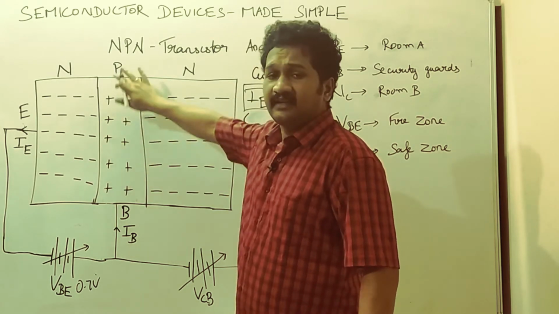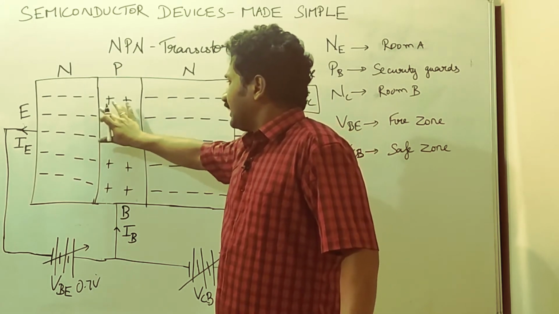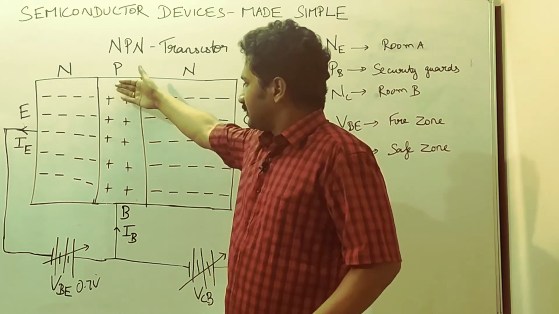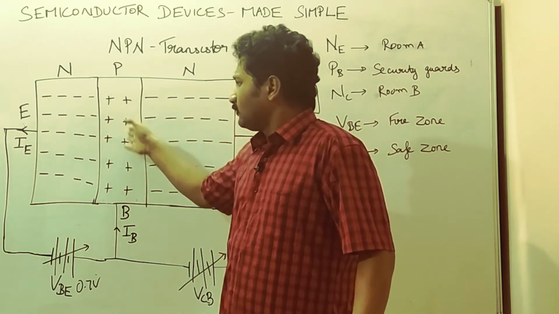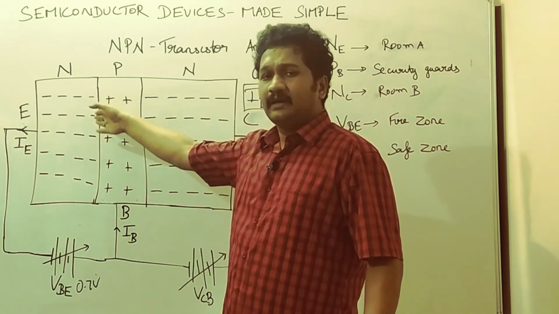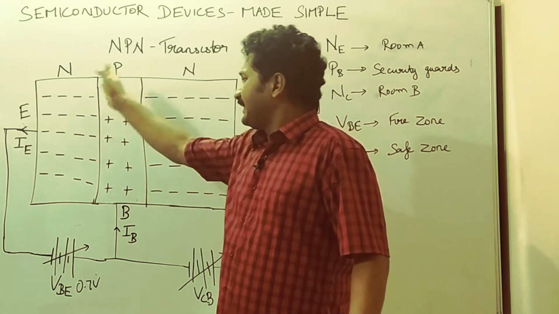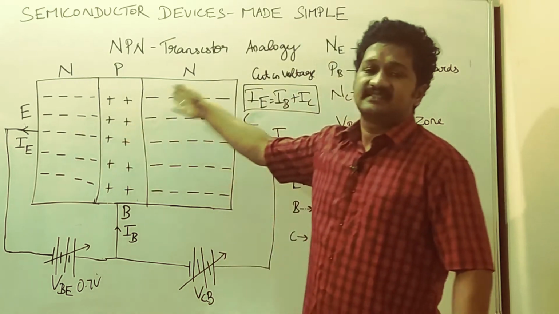Here the holes are the security guards. For example, if there are 10 holes, these 10 holes will be able to recombine with only 10 electrons. The remaining electrons will cross this junction.